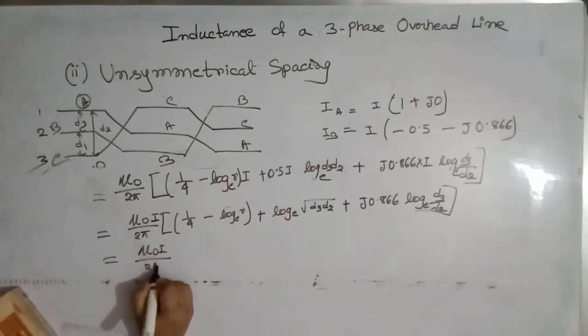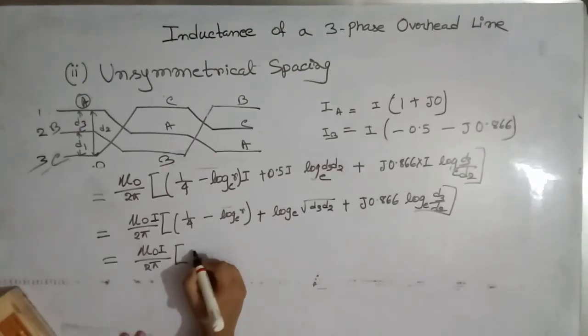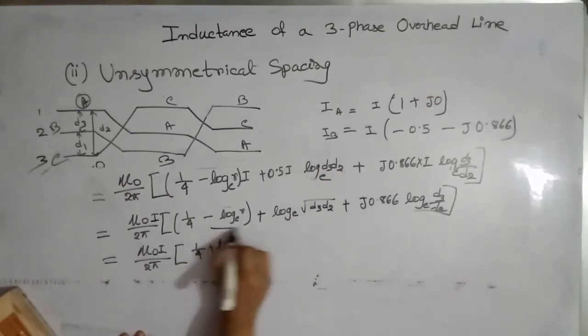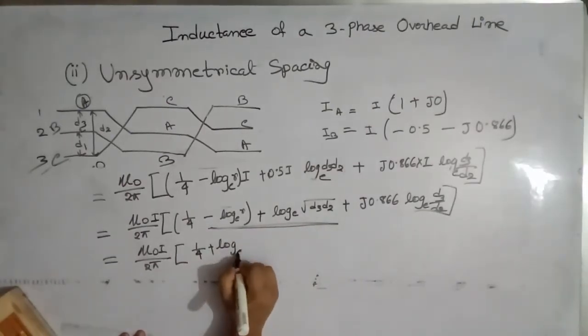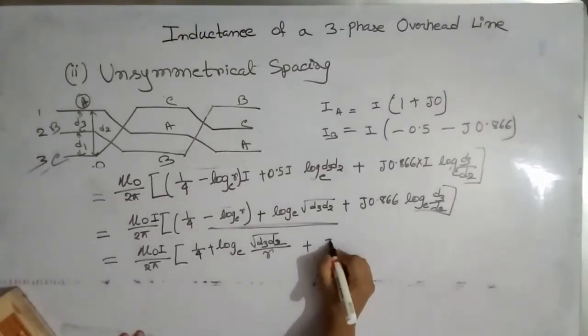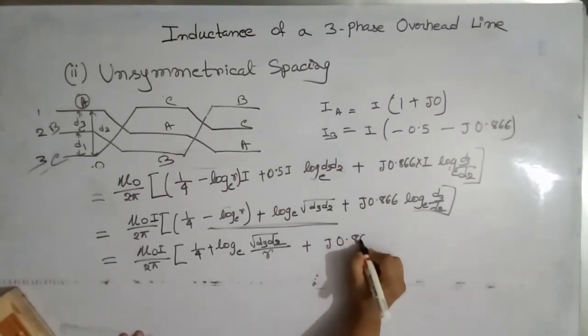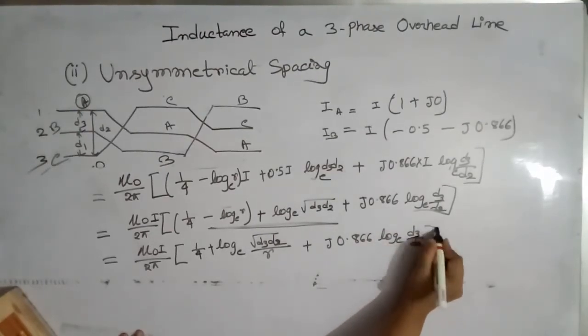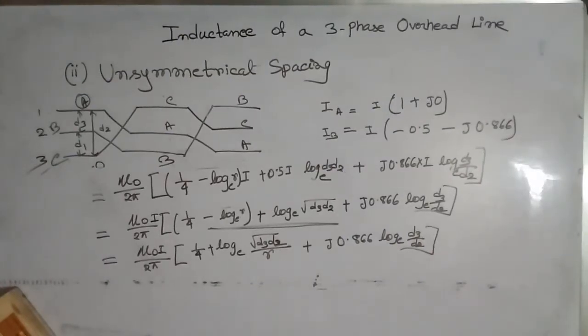By applying the formula log A minus log B equals log A by B, we get log e root over D3 D2 by R plus j 0.866 log e D3 by D2. So this is the formula of psi A. Now what is the formula of inductance?